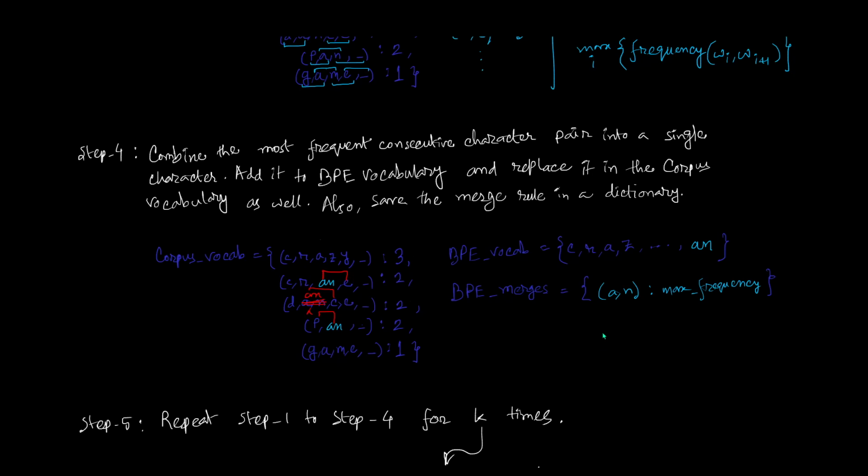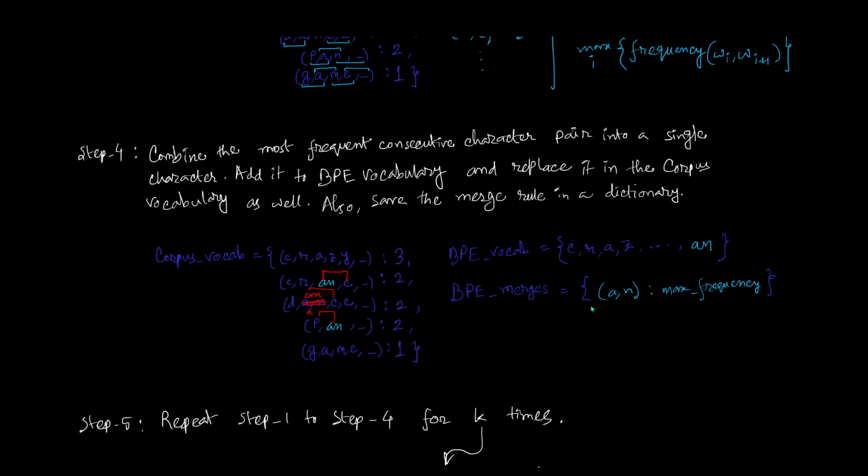Why are we keeping these merges? The consecutive pairs that we are combining together are kind of like a rule, because in the training data also, whenever we see AN, we are going to combine them, right? Because we have got that in our vocabulary.